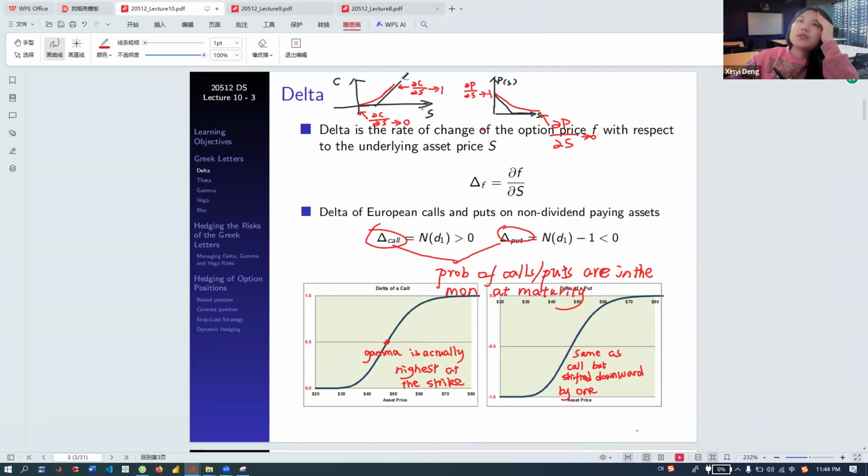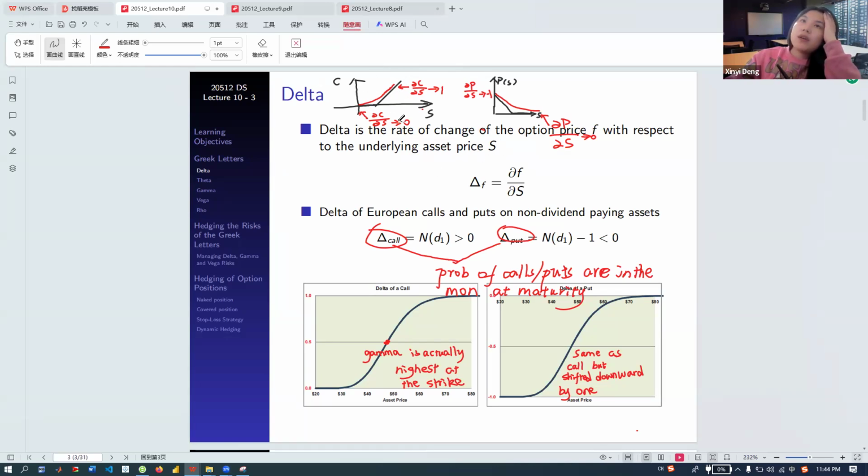Those black kinked lines are the intrinsic values, and the red curves are the total value, right? Remember that total value is always intrinsic value plus time value. So total value is always no smaller than the intrinsic value.